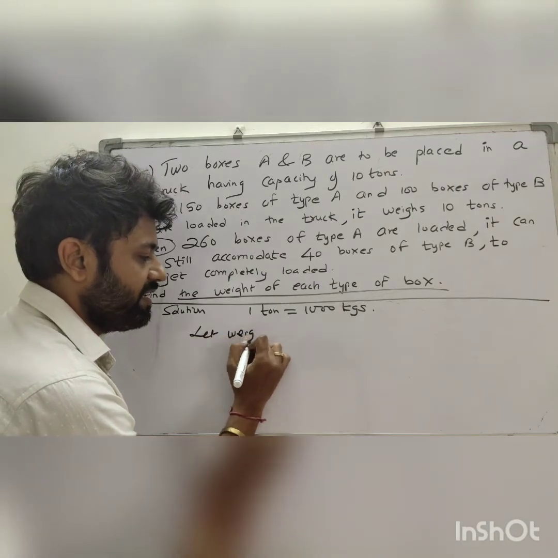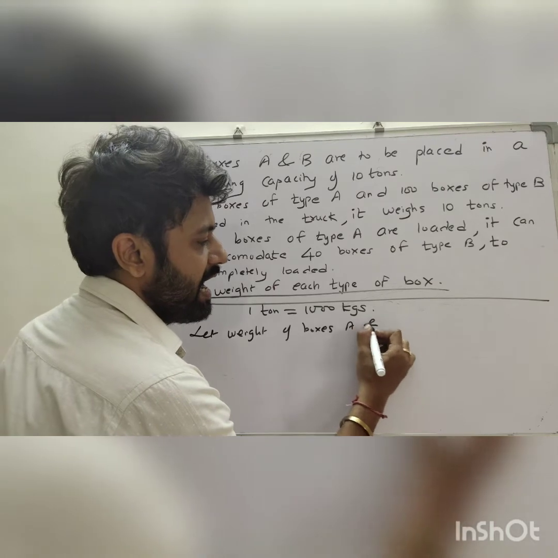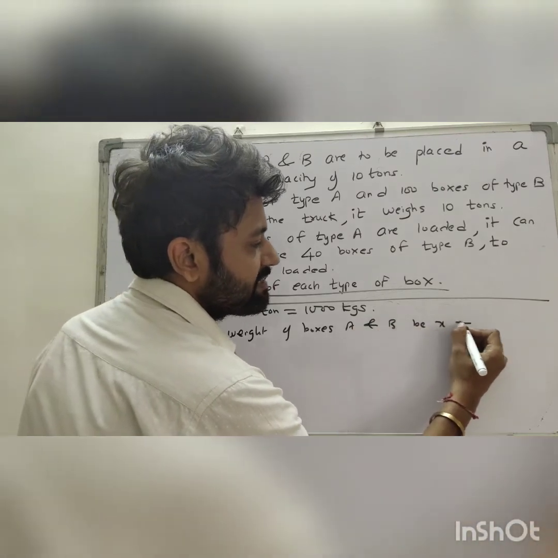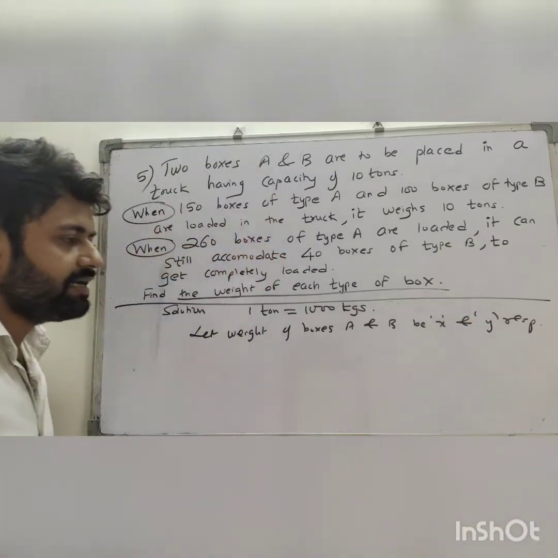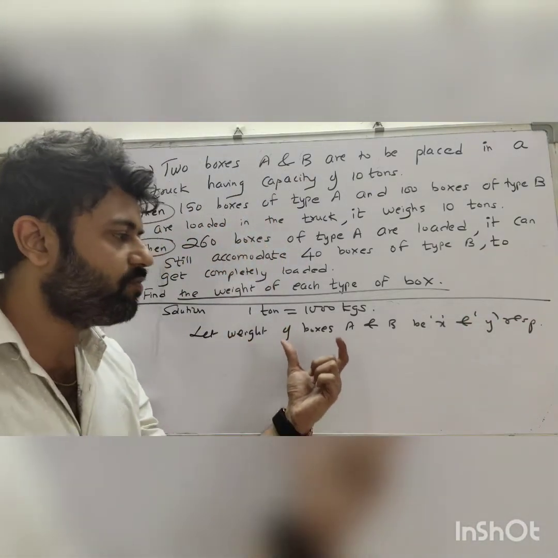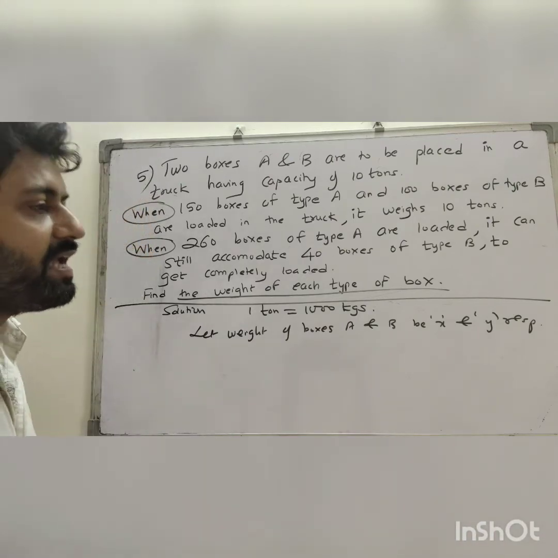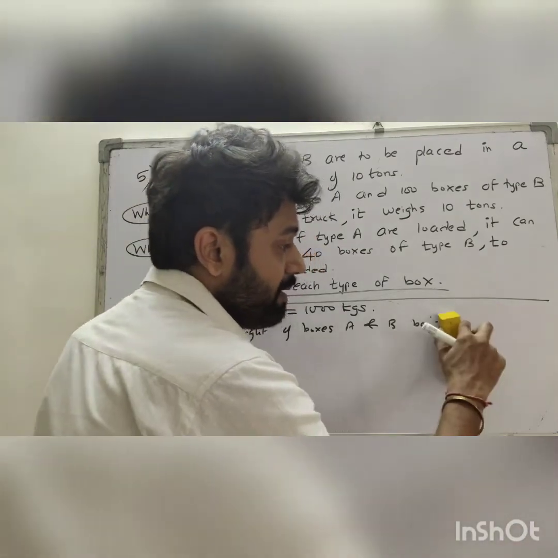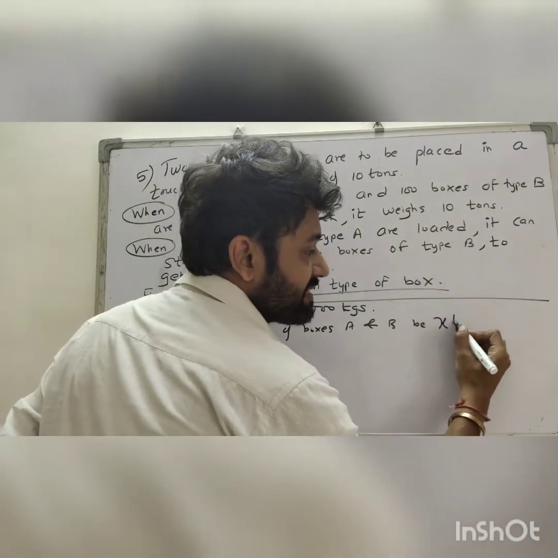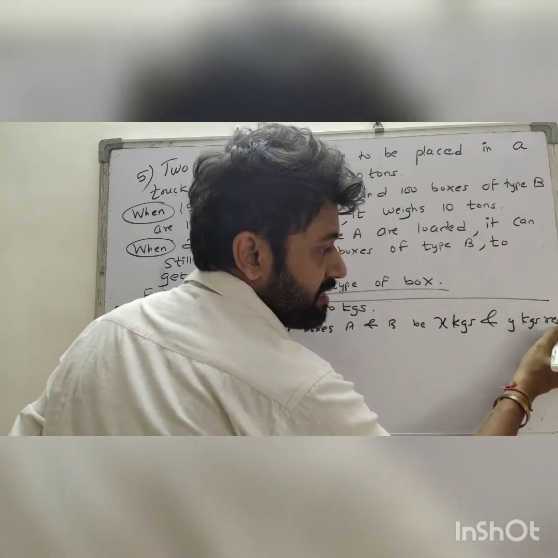Let the weight of each box of A and B be x and y respectively. Here, very important, it is x kgs and y kgs respectively.